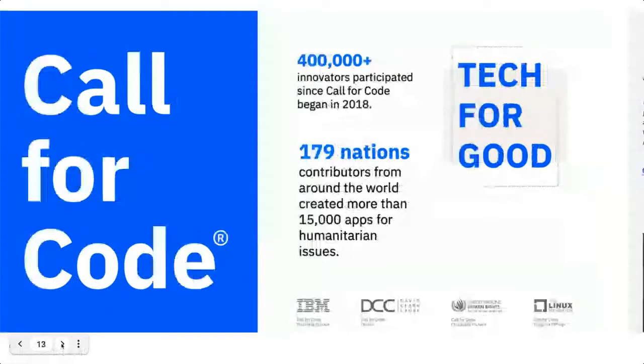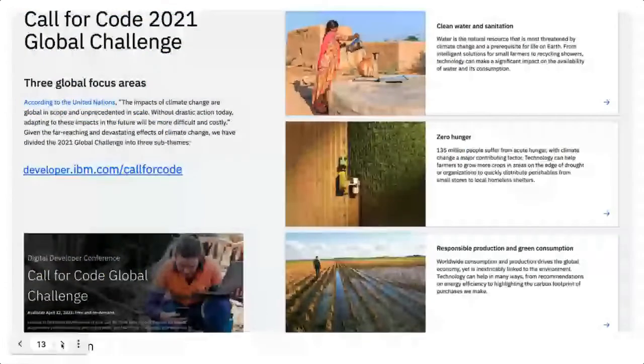So our challenge for 2021. We have 3 global focus areas. According to the UN, impacts of climate change are global, and they're reaching an unprecedented scale. Without doing anything today, the future is looking more and more difficult and costly as we move forward.